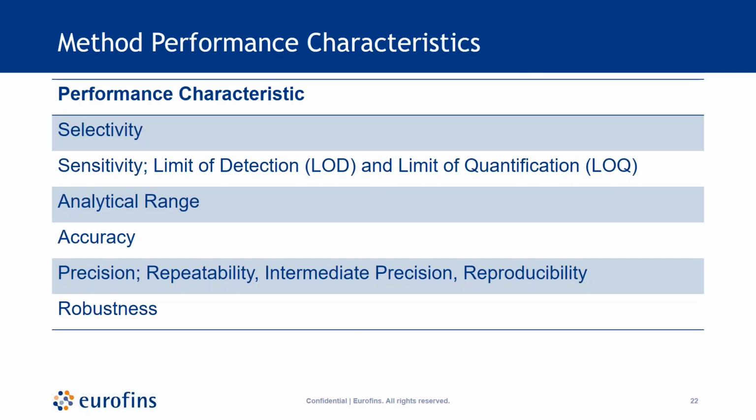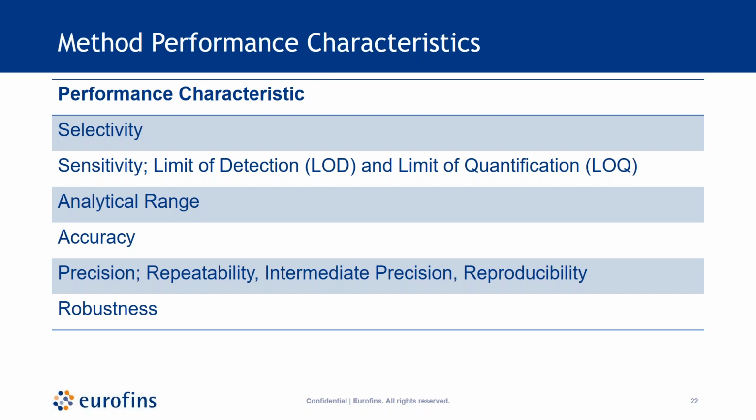So next we have method performance characteristics. These are the typical performance characteristics for chemical methods. Some qualitative methods and identification methods will not share all of these parameters, but generally this is what's going to be required and listed out in any regulation you look at, whether it's the USP, ICH, or EPA. They're all going to talk about selectivity.